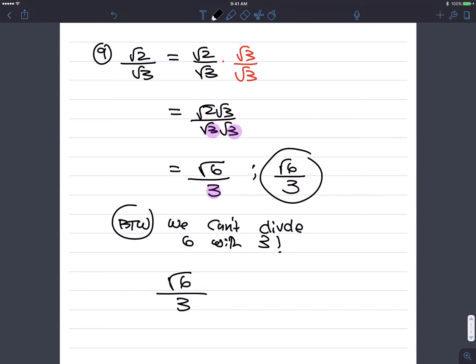The 6 under this radical cannot be divided with the 3 that doesn't have a radical. There is no radical for that 3. The quotient rule is simply the square root of a triangle over the square root of a square, the square root of a triangle over a square. The point is we can't divide the 6 with the 3. They both have to have radicals. So we're done.